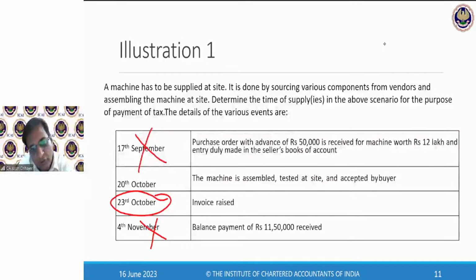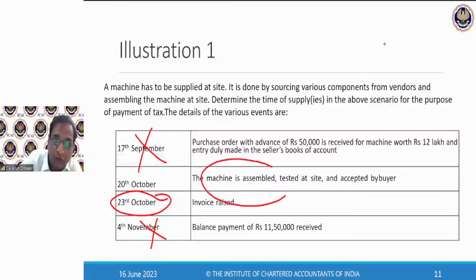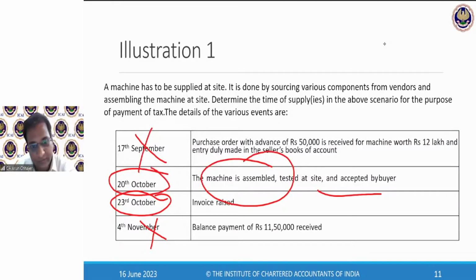What is the last date to issue the tax invoice? If it is movement of the goods, then the date of removal. Otherwise, the date when you deliver the goods, making them available to the recipient. So it says that I have to install the machine at site. So the date on which the machine is installed is the last date to issue the tax invoice.